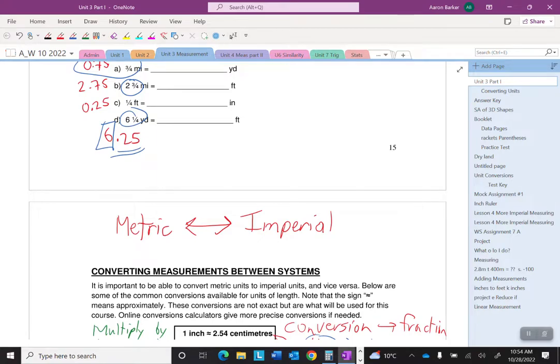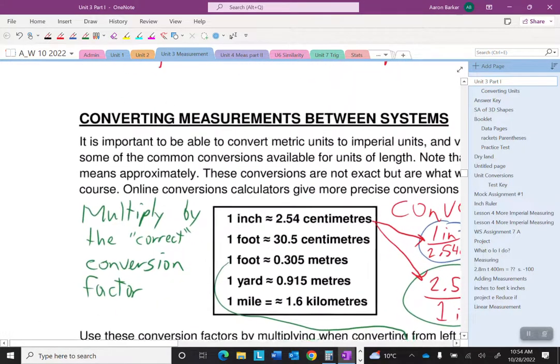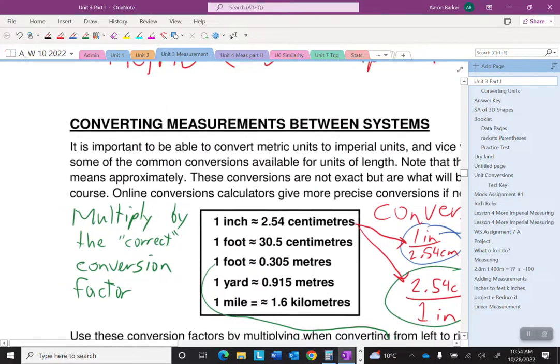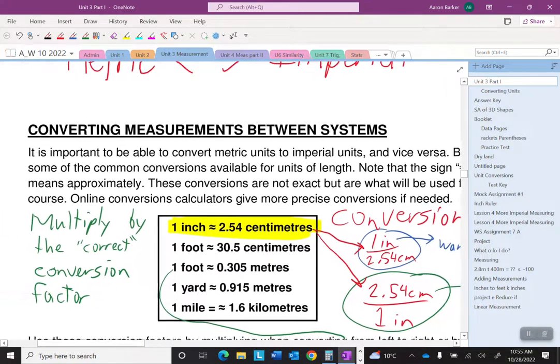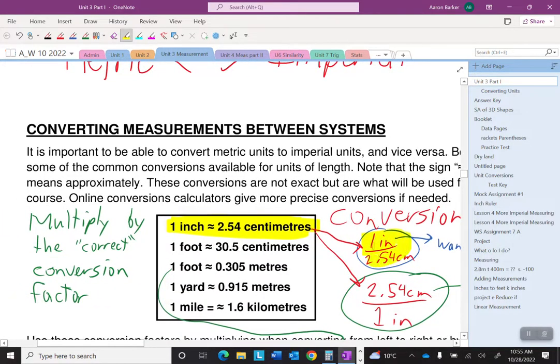Okay. So what we have here is our conversion factors. To convert from one to another, you would multiply by the correct conversion factor. So for example, this conversion factor of inches to centimeters can be two different fractions. You can convert that into 1 inch over 2.54 centimeters.